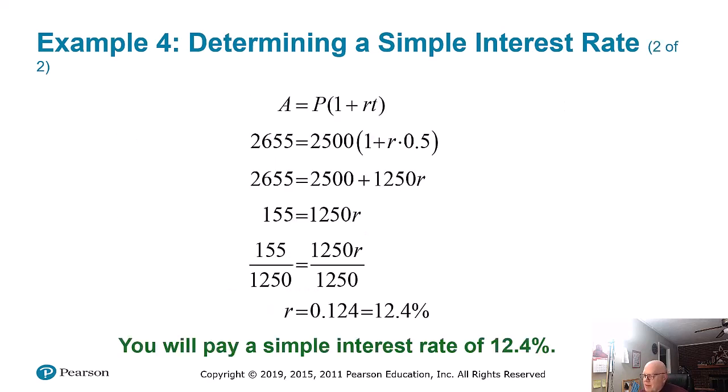And here's the rest of it. We did all this, and there's our decimal value for R. Switch that to a percent, and folks, we've got a simple interest rate of 12.4% per year.